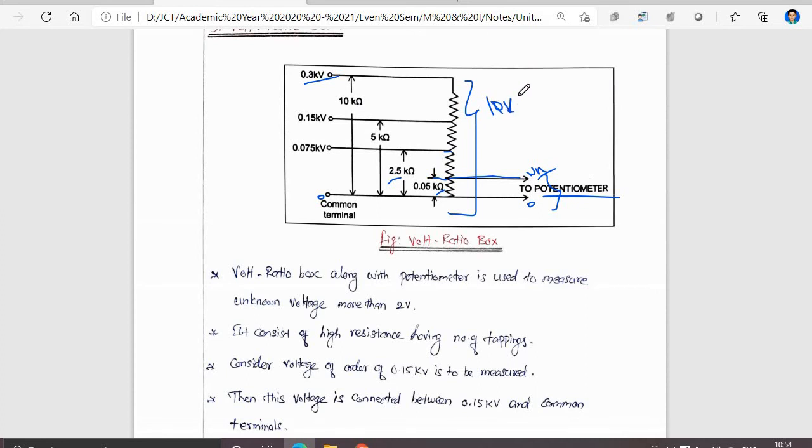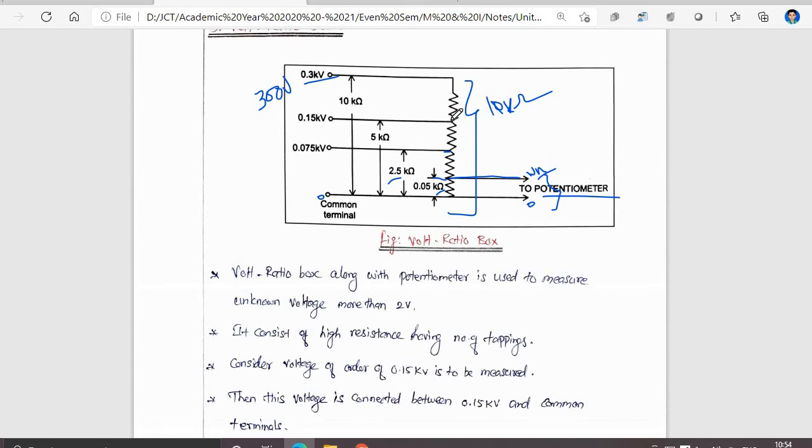It has a total resistance of 10 kilo ohm, and we can put an input of 0.3 kilovolt. 1 kilovolt is equal to 1000 volts, so 0.3 kilovolt is nothing but 300 volts. So the actual voltage of 300 volts is given to the circuit.